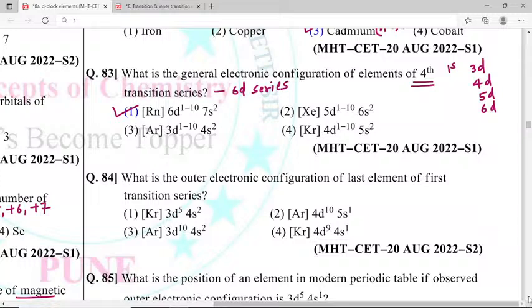So this is first, second, third and fourth. 6d is the fourth transition series. Okay, get it?